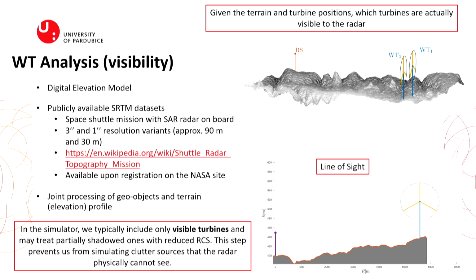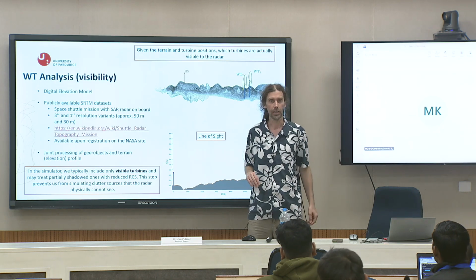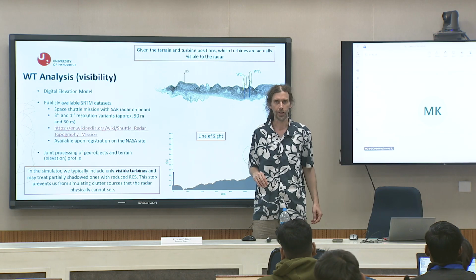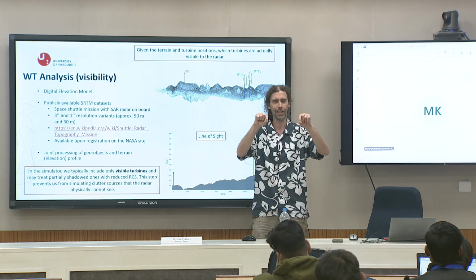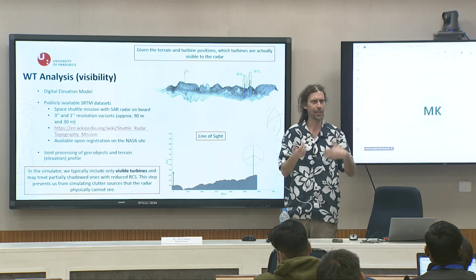Resolution is free, approximately 90 meters and 30 meters. The whole world, except Arctica and Antarctica, I think, is with resolution 30 meters. And it is on tiles, one tile, second tile. So you will download only the area that you need.